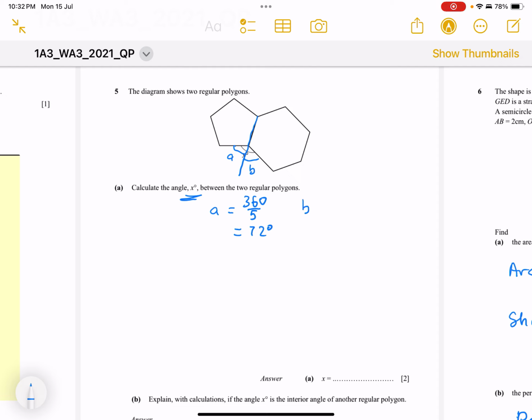And the exterior angle B is 360 total exterior divided by 6. That gives us 60 degrees. Therefore, angle X is made up of A plus B, which is 72 plus 60 degrees, giving us 132 degrees.